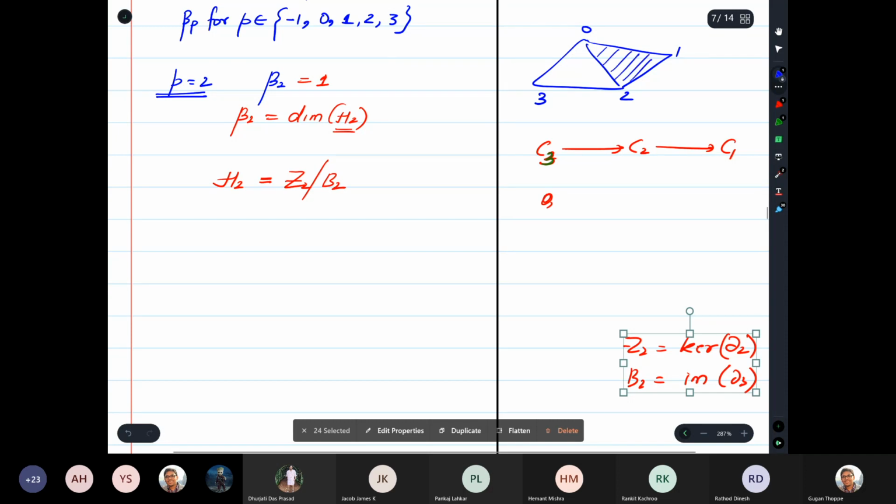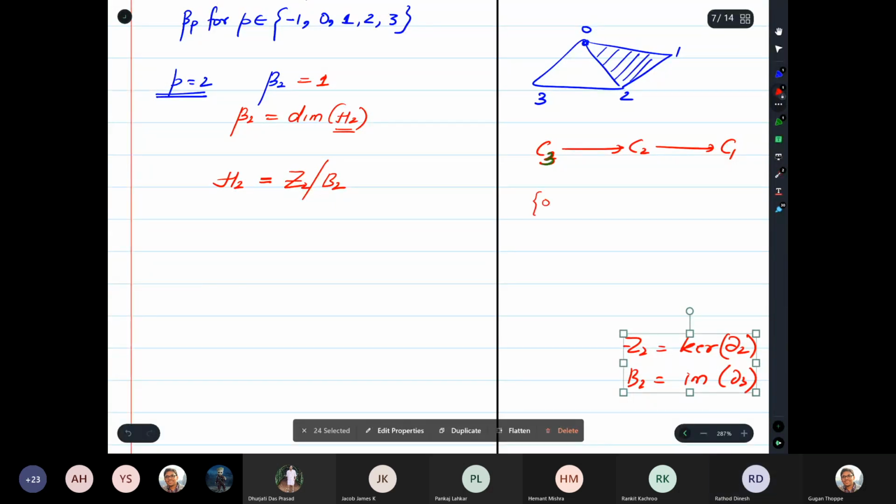I hope you remember what the simplicial complex was. It only included 4 vertices, 5 edges, and 1 triangle. I didn't say that 0, 1, 2, 3 is a face in the simplicial complex. Okay, sorry. So what should your definition of C3 be?